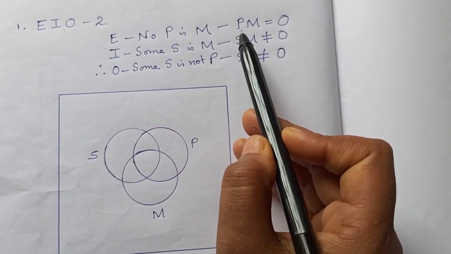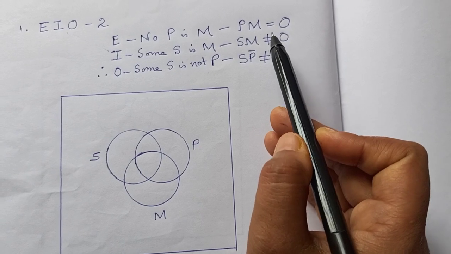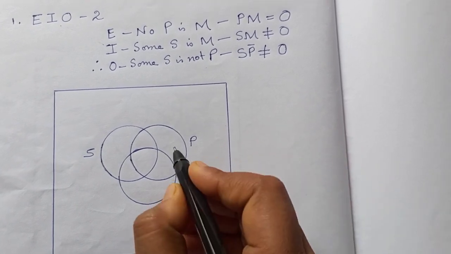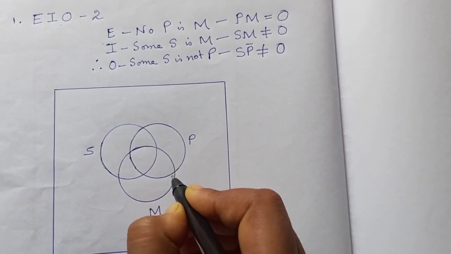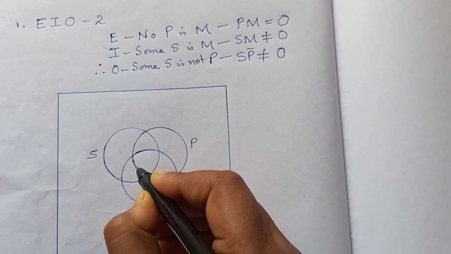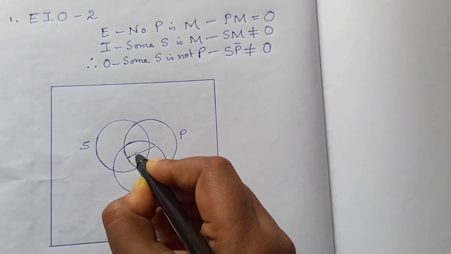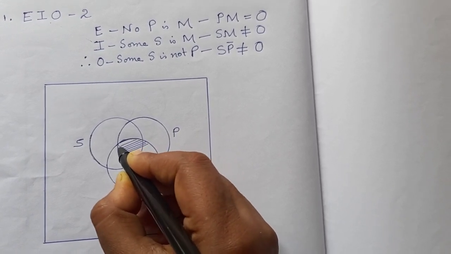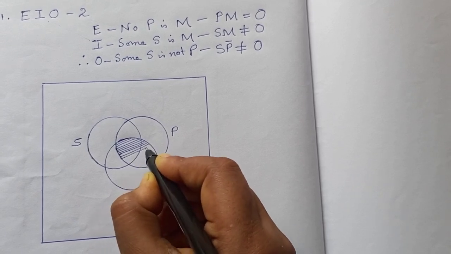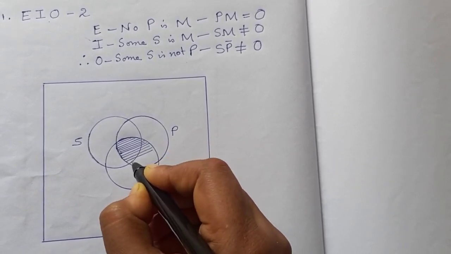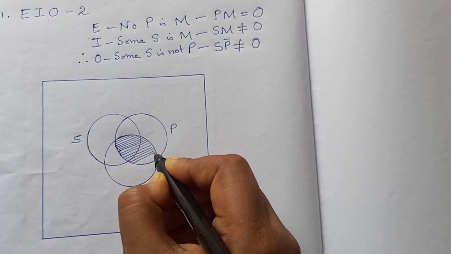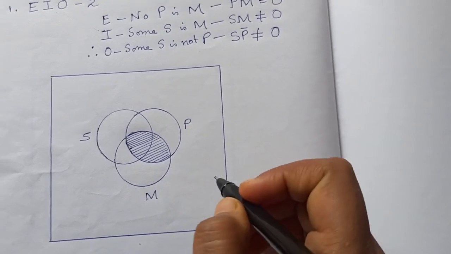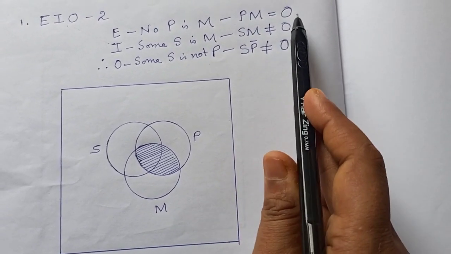The universal premise means PM is equal to 0, so the common portion of P and M we have to shade completely. I am shading the common part of P and M, in one directional shade. I have already diagrammed the major premise.